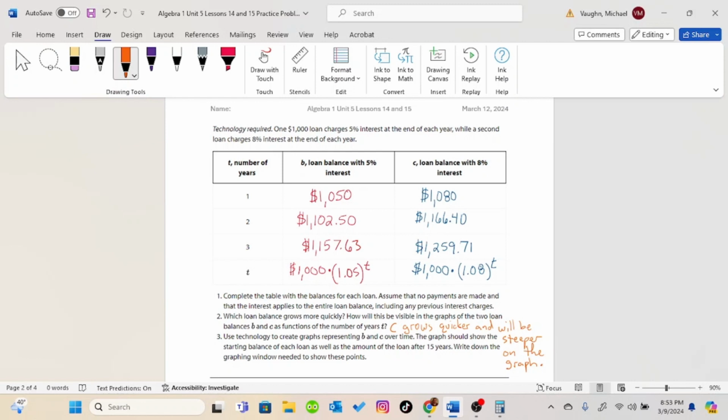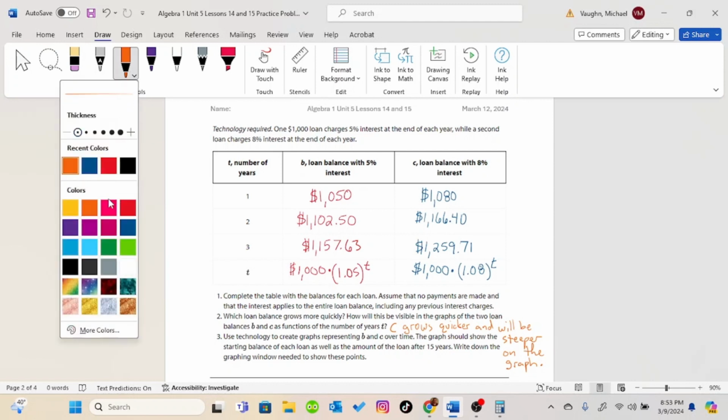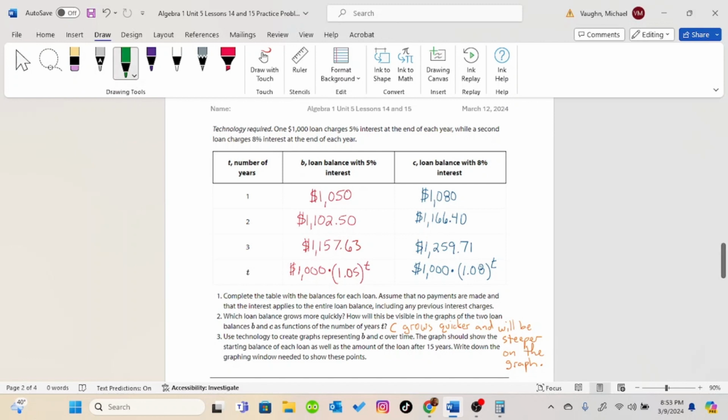And number 3, use technology to create graphs representing B and C over time. The graph should show the starting balances of each loan as well as the amount of the loan after 15 years. Write down the graphing window needed to show these points. So the graphing window for X needs to start at 0.